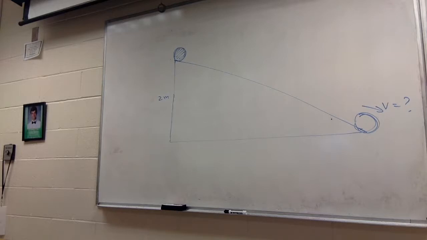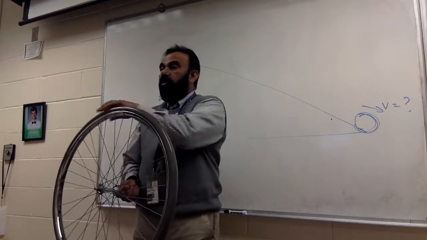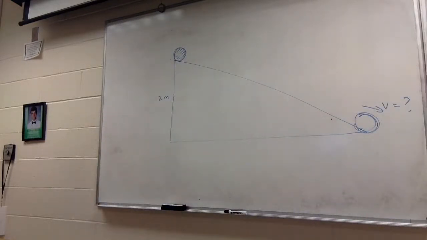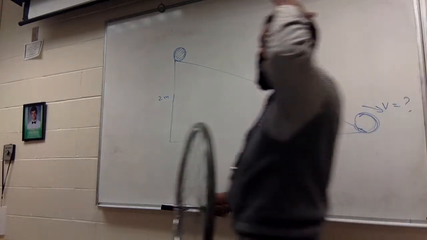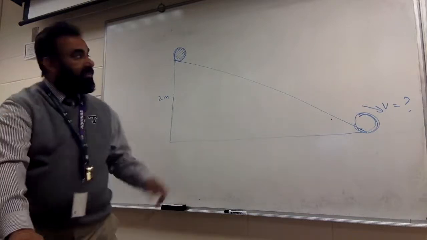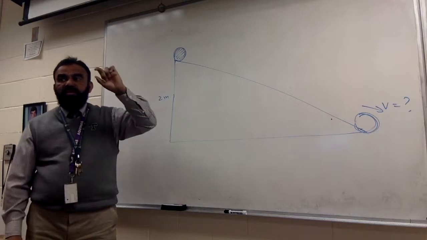What's the equation for it? 1/2 mv squared. But if this is a wheel that is spinning and moving forward, what energies does it have in addition? Rotational kinetic energy. So when it goes from here to here, what energy is it losing and what energy is it gaining?